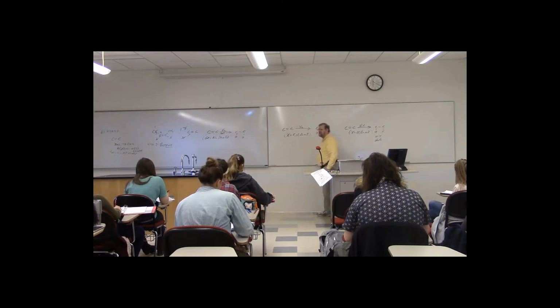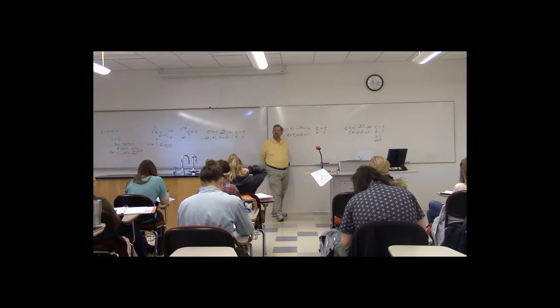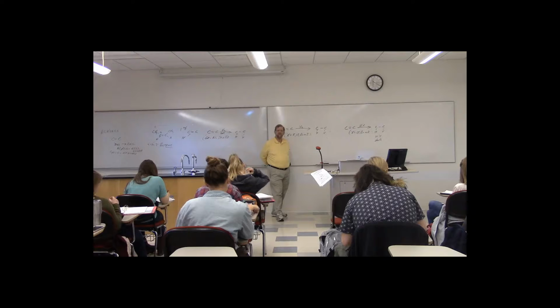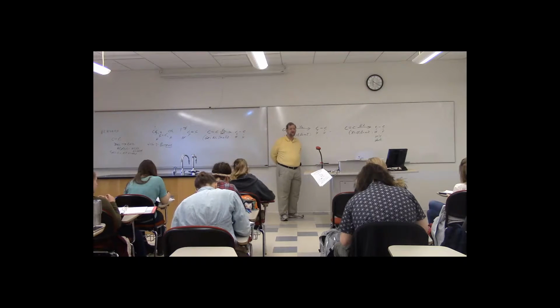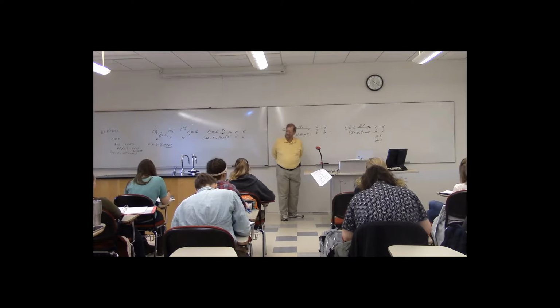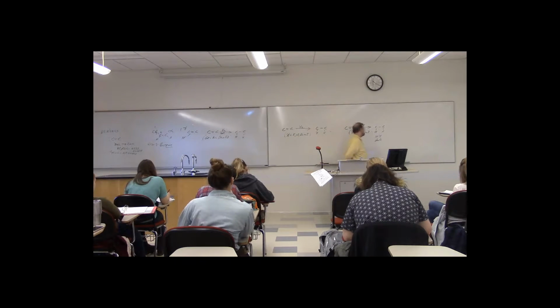Markovnikov's rule. The carbon of the double bond with the most hydrogens gets the H, the other carbon gets the halogen. In other words, the rich get richer and the poor get poorer. Them that has it gets it, and we're talking about hydrogens, not dollar bills.